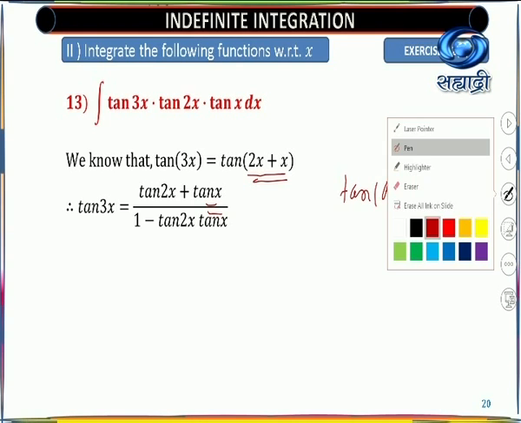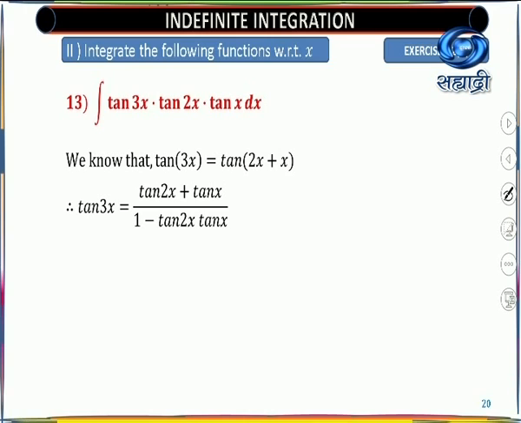So what you will get here? You will get tan 3x is equal to tan 2x plus tan x upon 1 minus tan 2x into tan x. Now look at here. If you cross multiply, that means take this denominator to the other side, you will get the product. What is the product here?